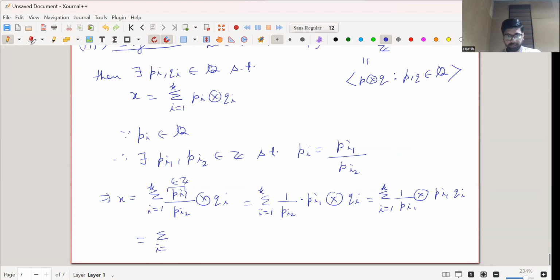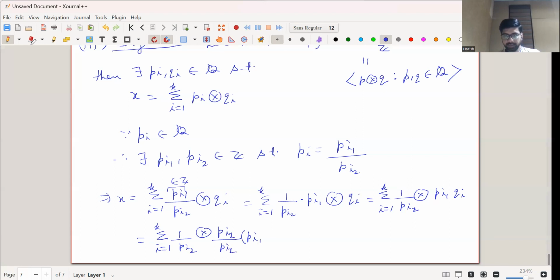Take summation i equal to 1 to k, 1 upon p_i2. In this part you multiply and divide by p_i2.